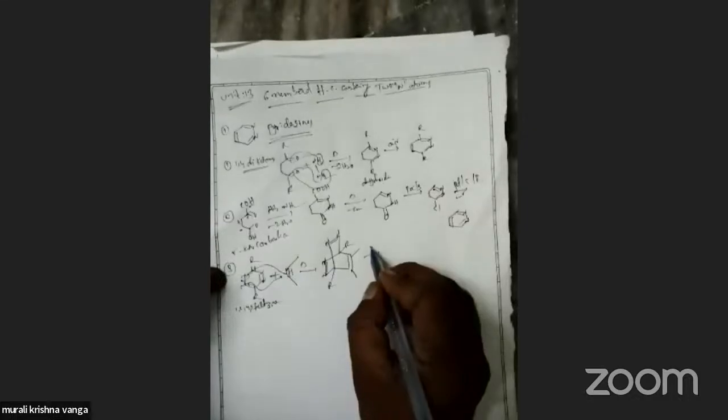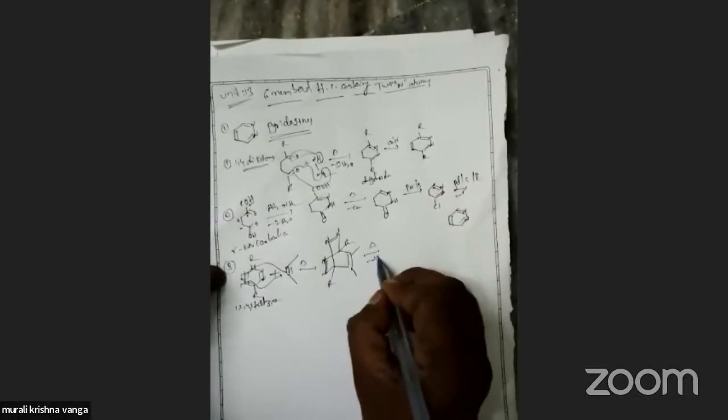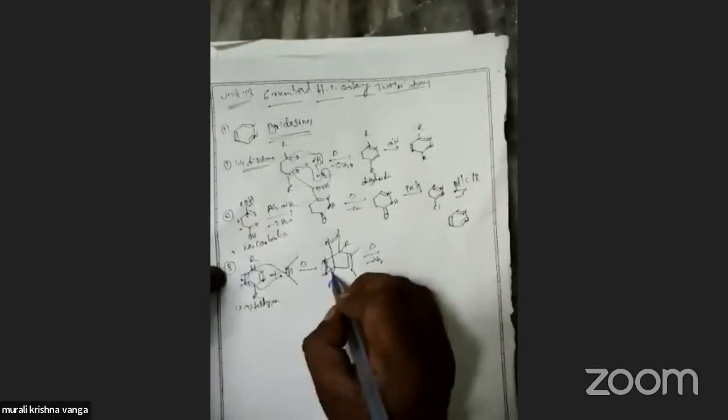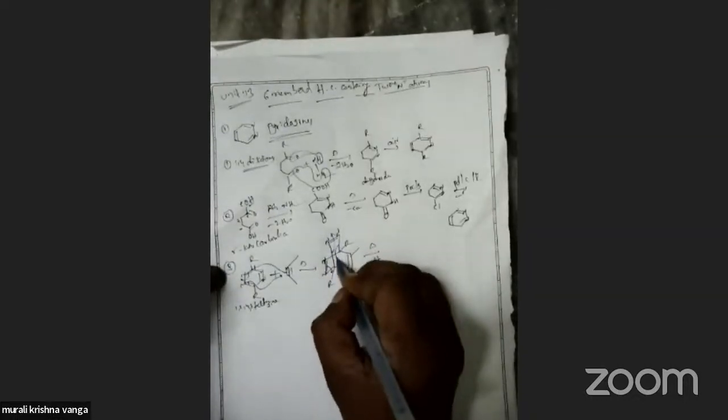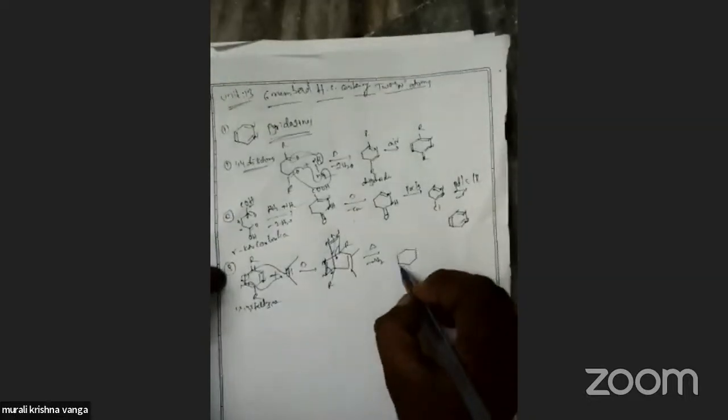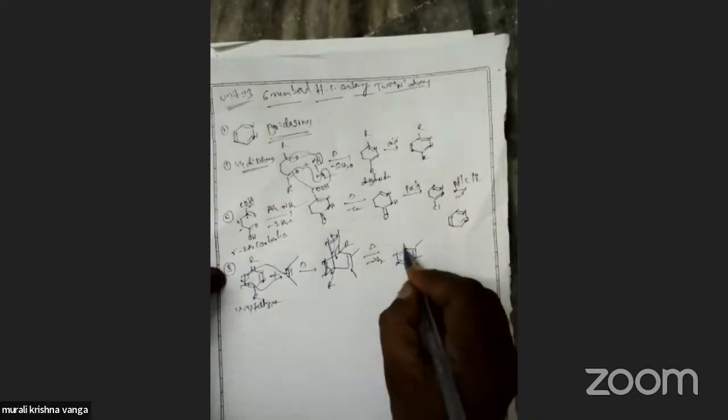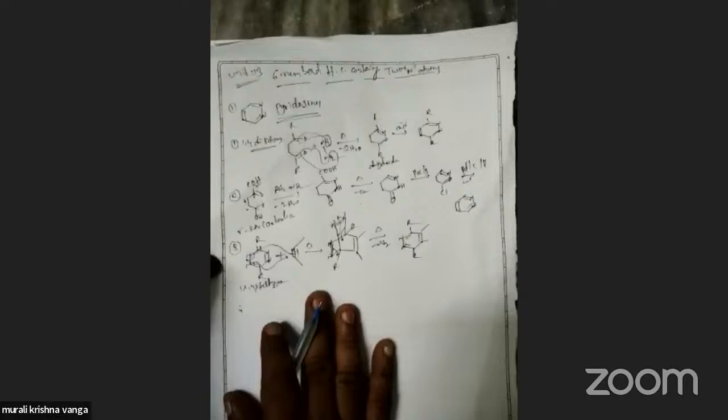Upon heating, with loss of nitrogen gas, the pyridazine product is formed. So these are the synthetic methods for the synthesis of pyridazine.